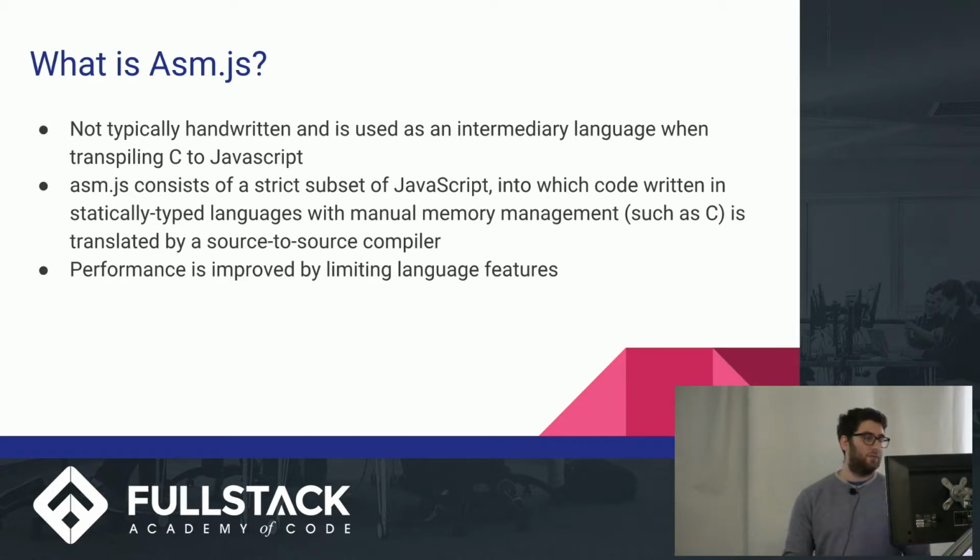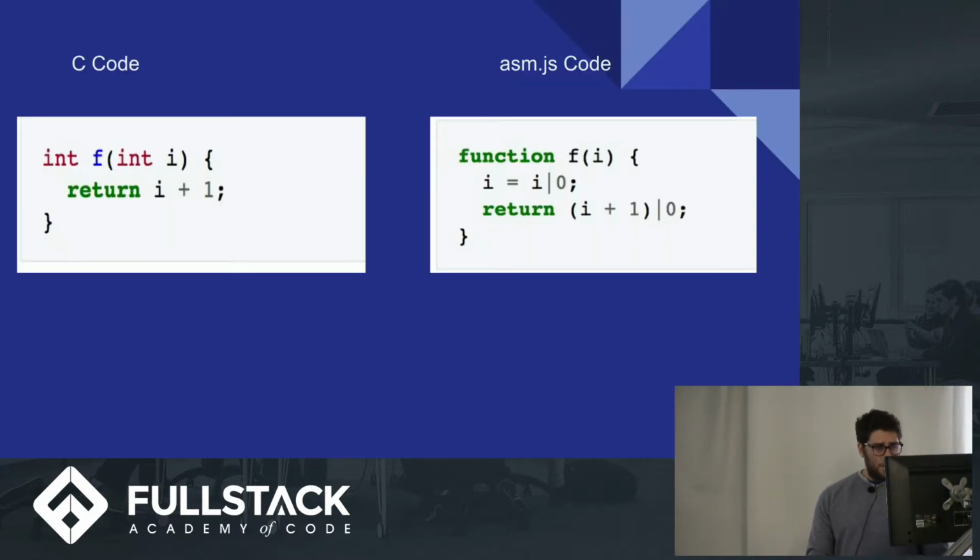The way they're able to make it a bit faster than JavaScript is that they are actually able to do some type checking, and I'll show you some code that shows how they do that. Asm.js and Emscripten are being adopted by a lot of game engines, so you're able to run games in the browser faster because you're not worrying about JavaScript. You're actually using this lower level version of it. So here is an example. Obviously, it's a pretty simple example, but I think it's very showing of what the differences are.